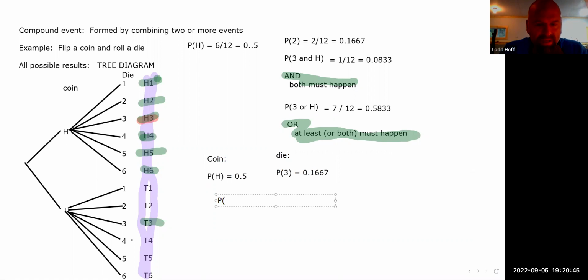The probability of both heads and a 3 we found by multiplying the two together, 0.5 times 0.1667. That gave us 0.0833, sorry.